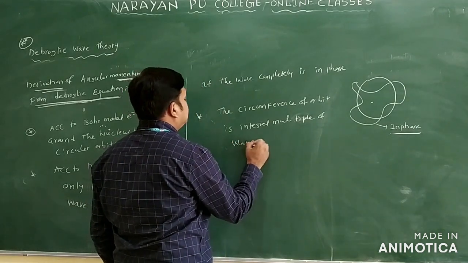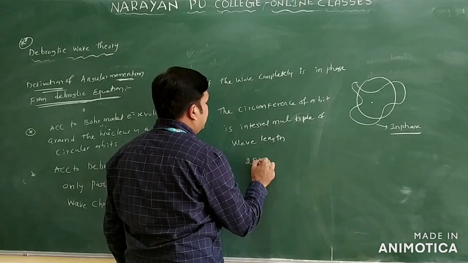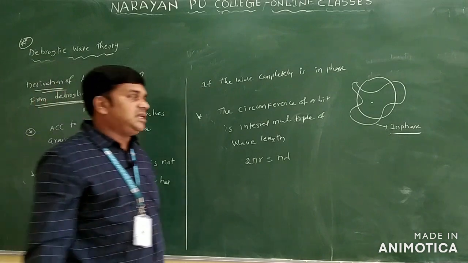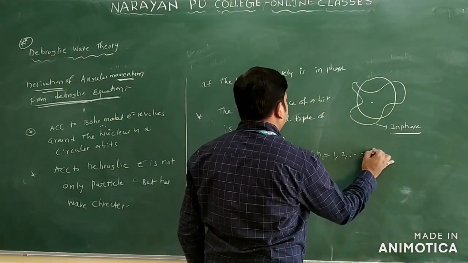What is the circumference? 2 pi r. So 2 pi r is equal to n lambda, where n is equal to 1, 2, 3, 4 and so on.